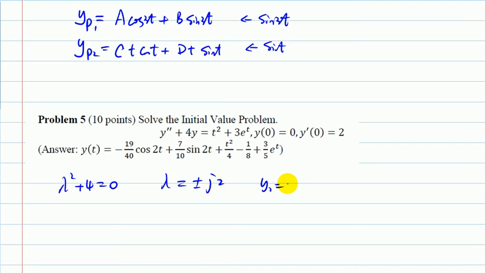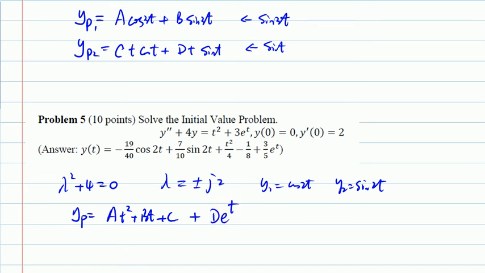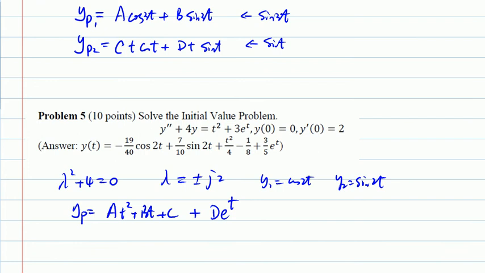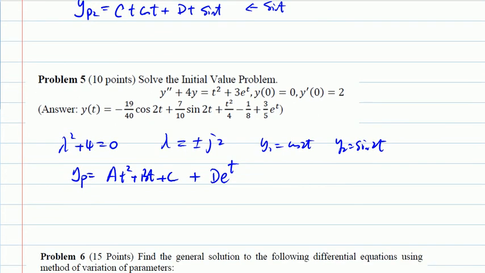So y1 is cosine 2t, y2 is sine 2t. Now, your forcing function, one is t squared, one is 3t, so there's nothing to do with sine and cosine, so you don't need to apply any modification rule here. Your yp will simply be a t squared plus bt plus c, plus, let's say, d e to the power t. So that's it, and then you can go ahead and solve it.